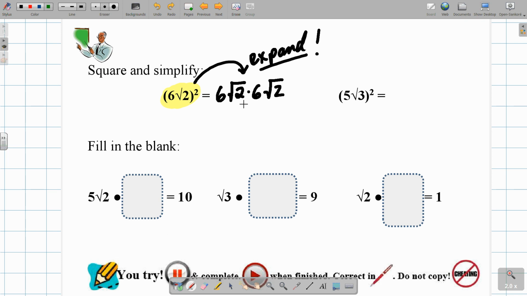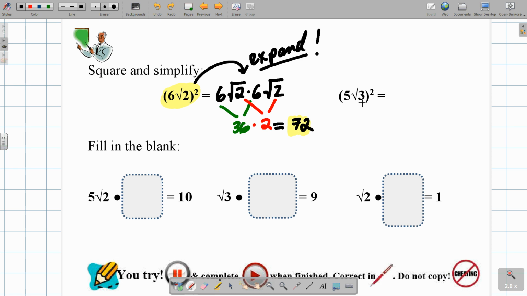Now we can do this. We know that 6 times 6 is 36. Root 2 times root 2 is simply 2. Therefore, 6 root 2 squared is 36 times 2. 72 is your answer.